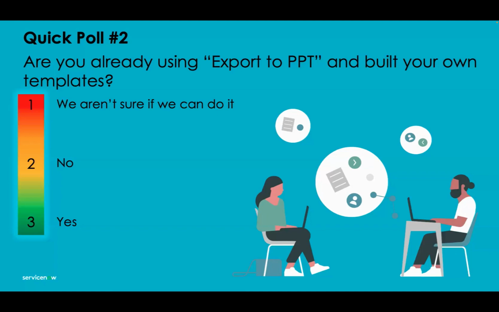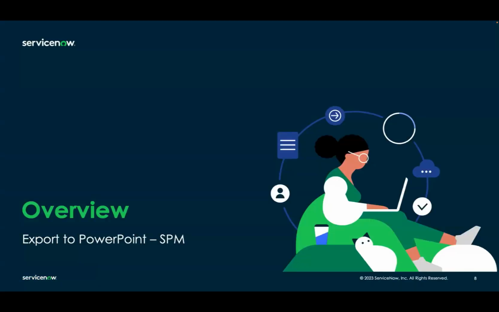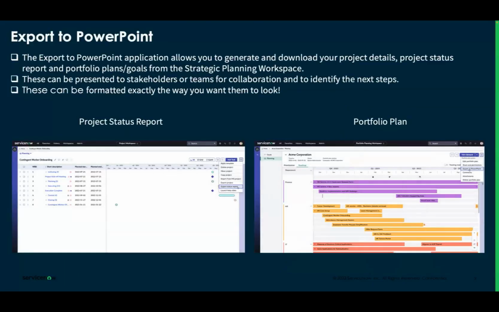Perfect. Let's move on. So today, as I said, we will be doing a deeper dive into export to PowerPoint, a feature of SPM, what it's all about. I'll talk at a very high level and then we will get into the details. This is a feature which allows our customers to directly export the data into PowerPoint.